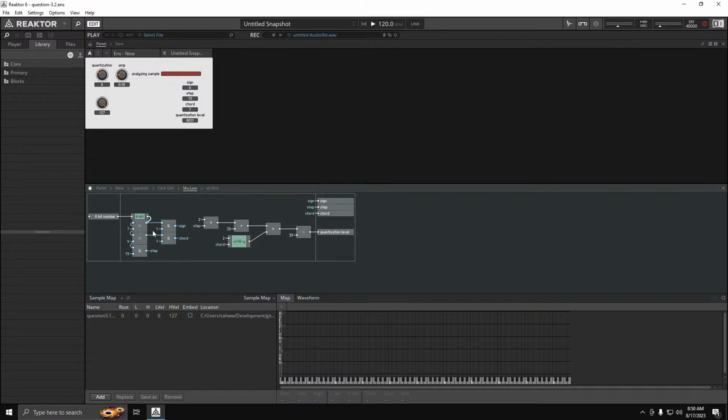A 3-bit chord, number C, where C is greater than or equal to 0 and less than or equal to 7. A 4-bit step, number S, where S is greater than or equal to 0, but less than or equal to 15. And then it gives you the formula for the quantization.